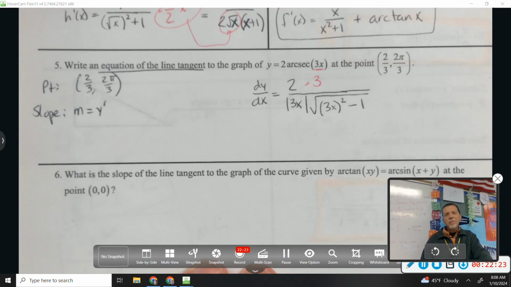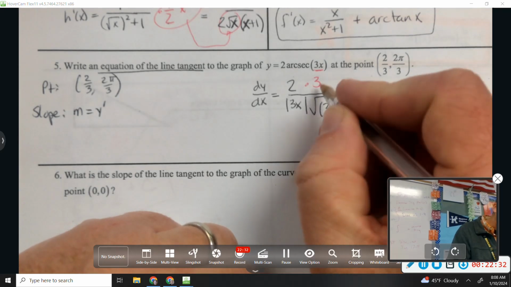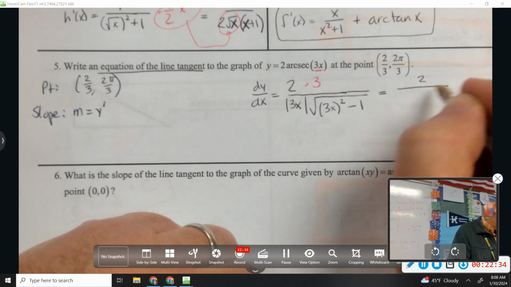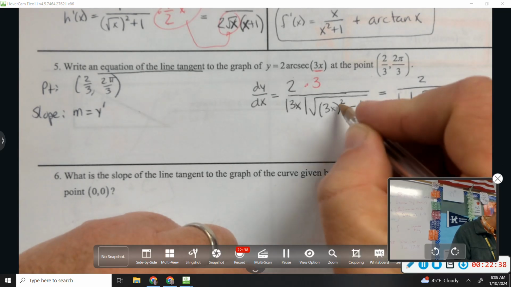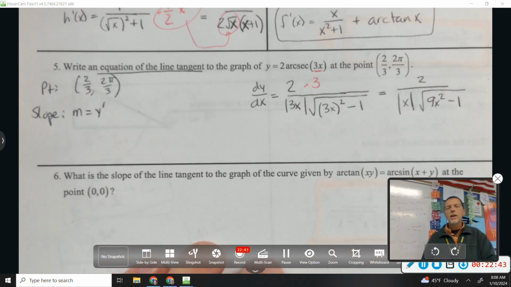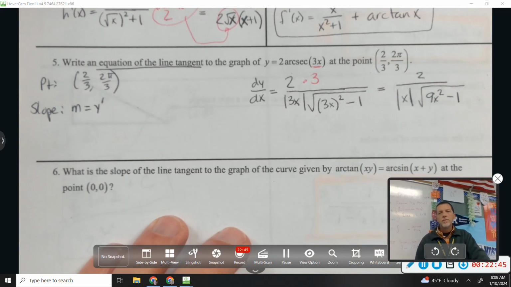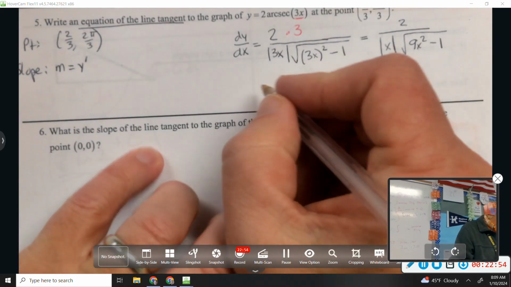That's a safe stop, except I don't really care about safe stops because I got to plug in 2/3 to figure out what the slope is. So I may as well clean this up a little bit. 3's will cancel. And then the square of 3x is 9x squared. And then they want me to put 2/3 in there. Come on. Fractions.